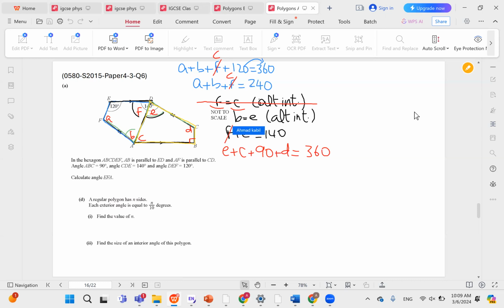So this is C, and this is C, and this is C. And then we also have B equals E, so we can cross out this equation and replace any B with E. So this would be E, and this would be E as well.